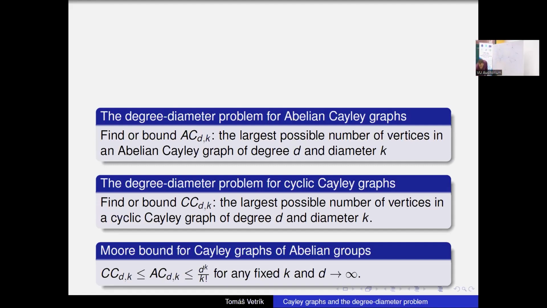In case we are constructing a Cayley graph using a commutative group, let's say we have some element, and two generators, A and B. If it's a cyclic group, let's say Zn, then the vertex I will be connected to I plus A and I plus B.